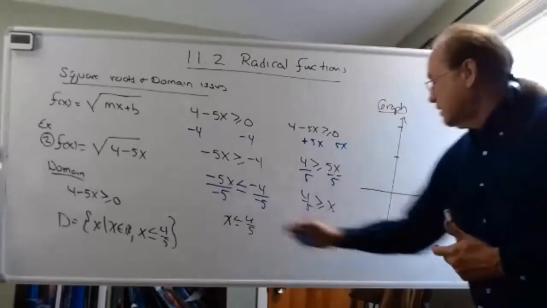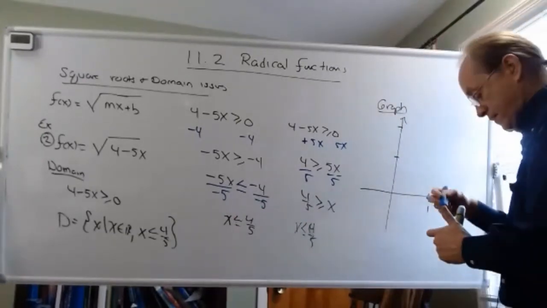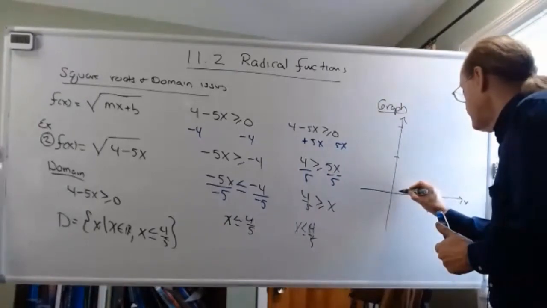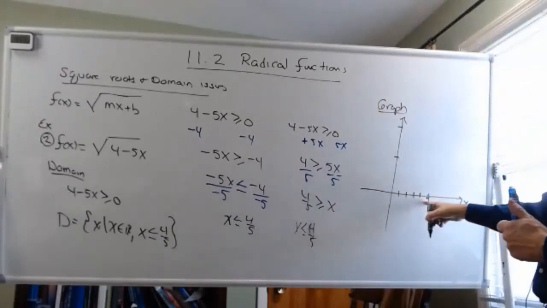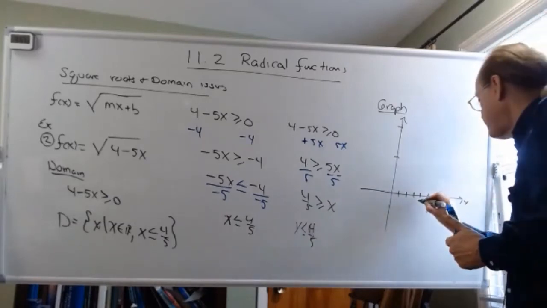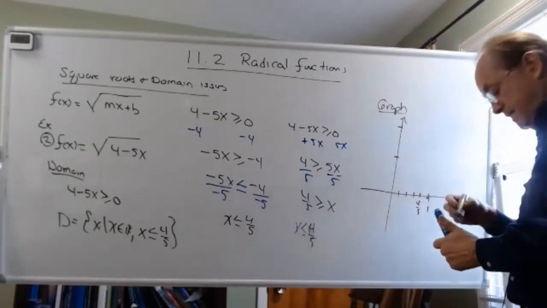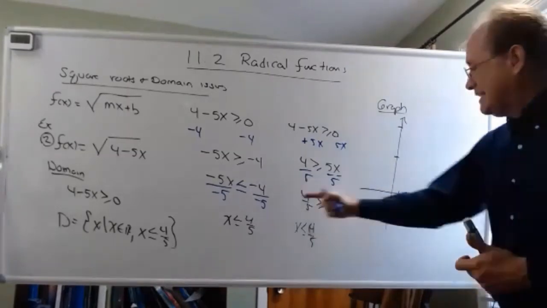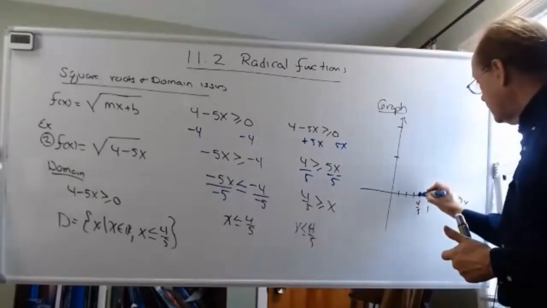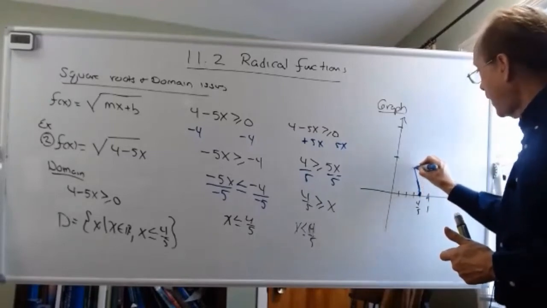Now, x goes to the left. Oh, excuse me. So here we have fifths. So here's my 4/5 right here. So this is where I start, but x goes less than that. It kind of goes up like this.